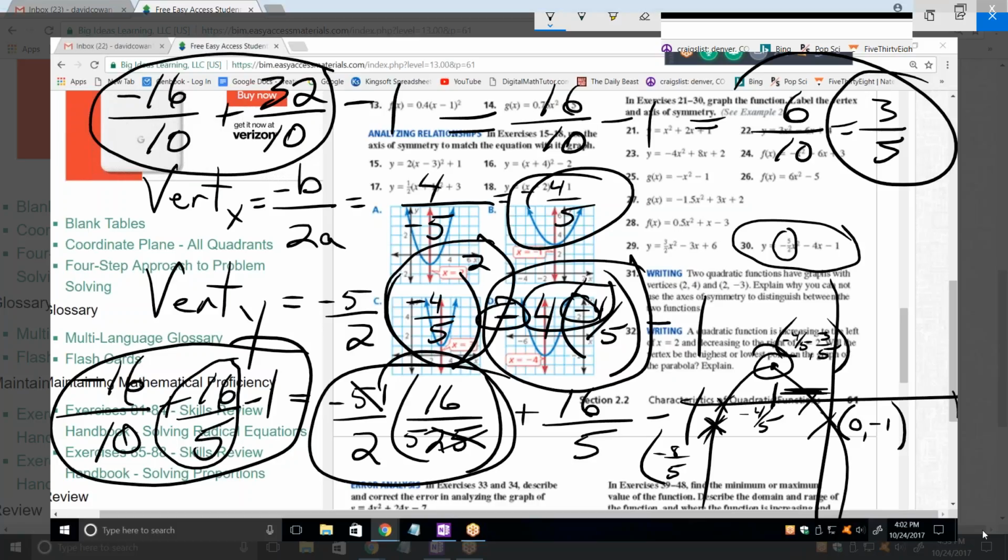It's 4/5. And the y-coordinate doesn't change, so there's my third point. So I have 1 point, 2 points, 3 points, which allows me to graph it. I also know the vertex and the axis of symmetry, which is x equals minus 4/5.